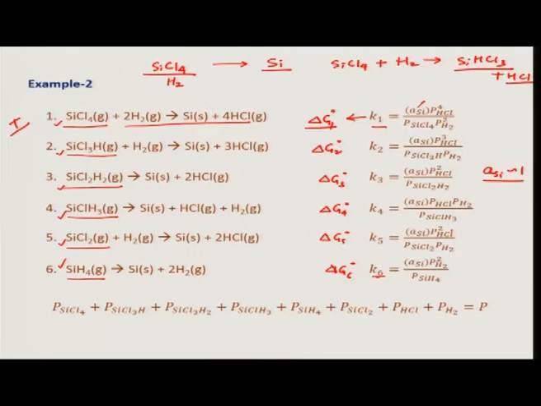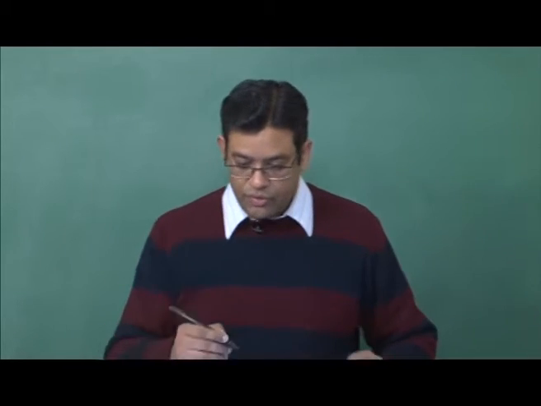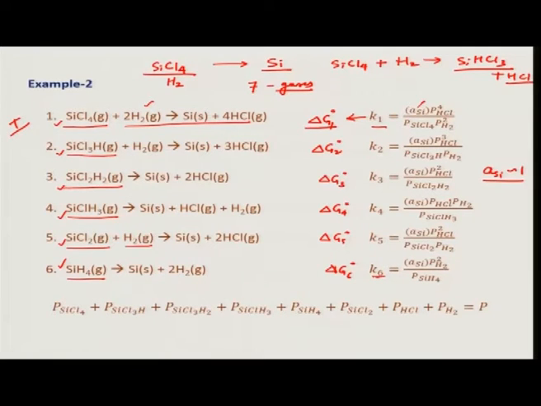Now, we have 7 gases, 6 are listed here, and the 7th one would be hydrogen. We want to know how much of these gases are present at a given temperature T. We know how much silane we are flowing in at what pressure, and how much hydrogen we have. We know these two, but we do not know how the concentration of other gases will change with temperature. So, we can use this information to calculate that.